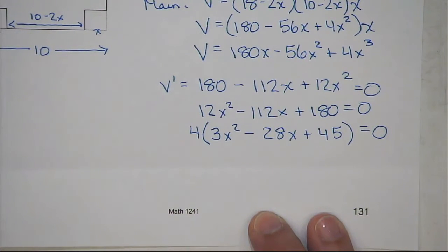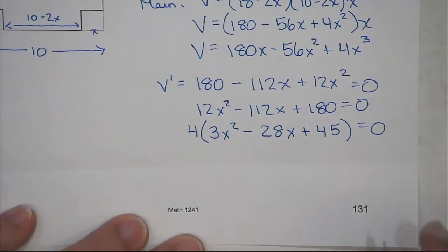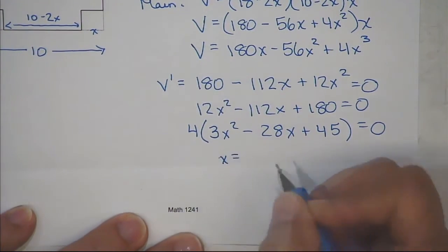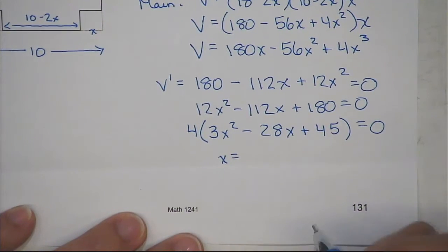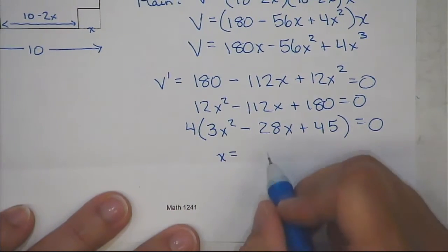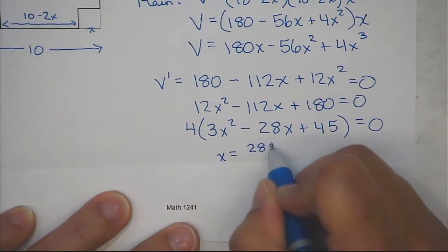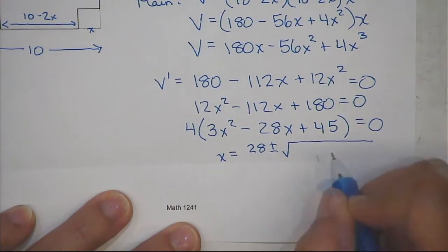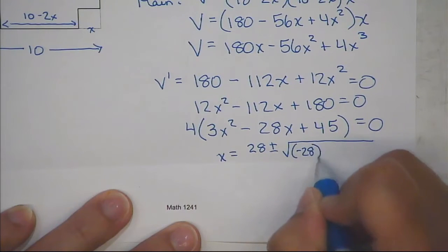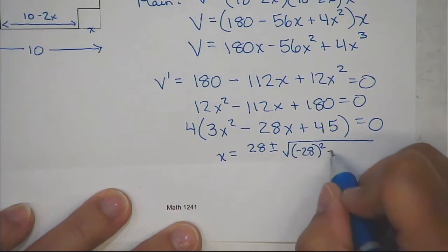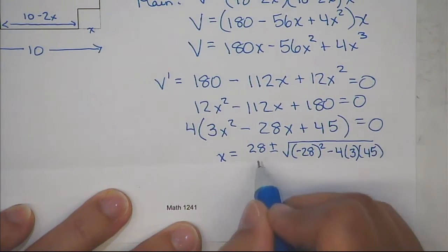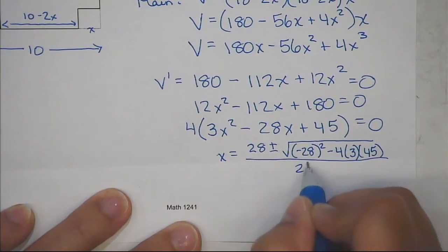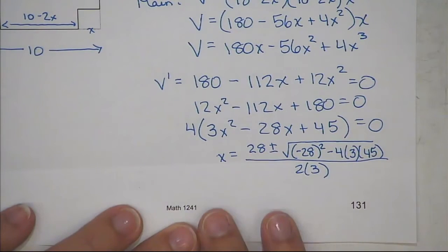Okay? So I'm just going to do quadratic formula, solve for x. You could graph it and find the decimals that way. This is going to be irrational numbers. All right, so we've got the opposite of b, so 28 plus or minus the square root of negative 28 squared minus 4 times 3 times 45, all over 2 times 3.